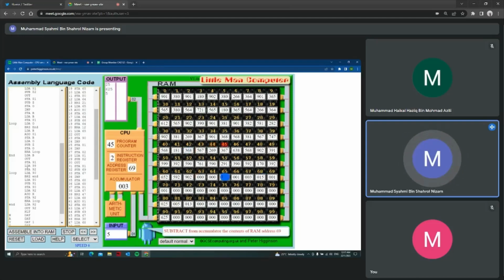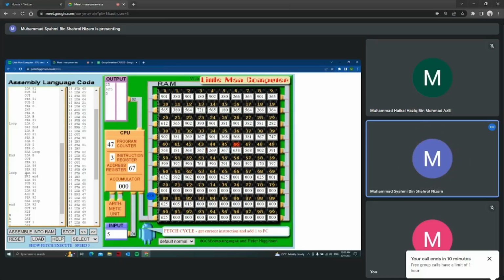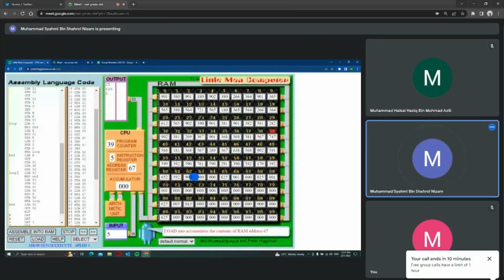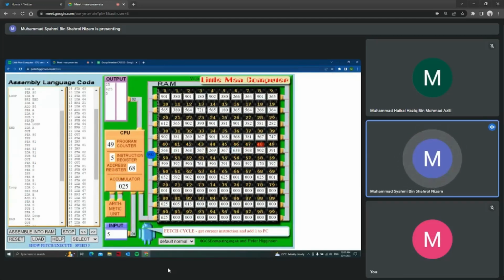So I will go directly to our divide. From here, load LDA 99. LDA 99 means we will reset the value.